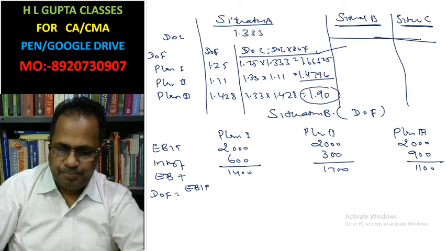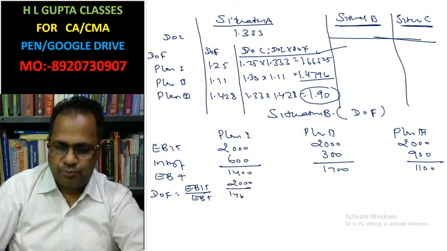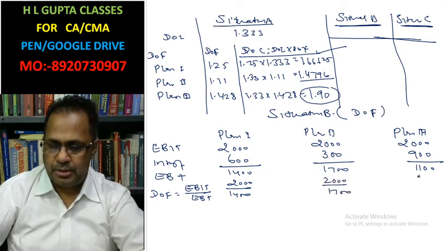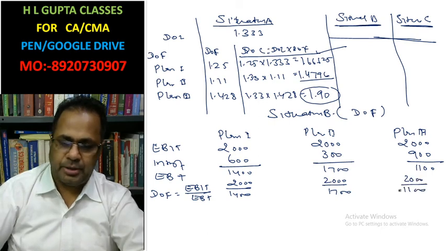Degree of financial leverage is EBIT divided by EBT, that is 2000 divided by 1400, 2000 divided by 1700, and 2000 divided by 1100.